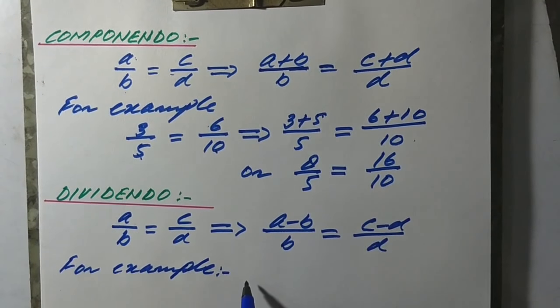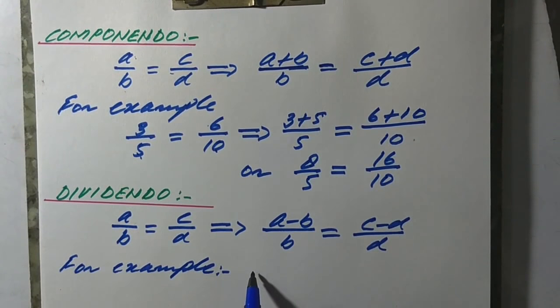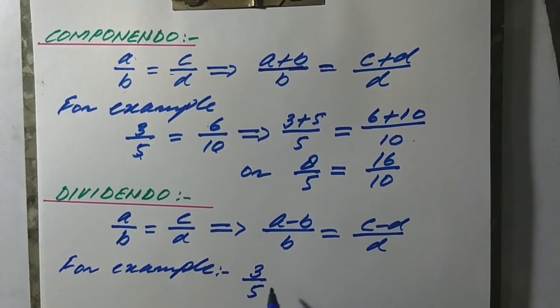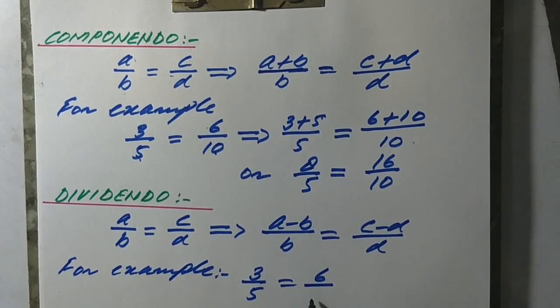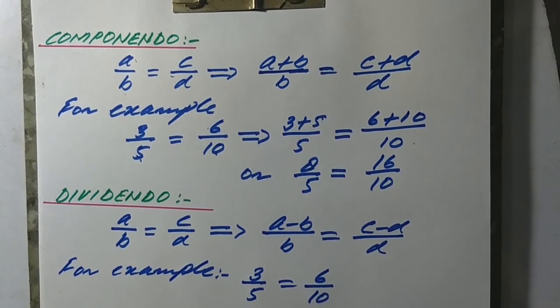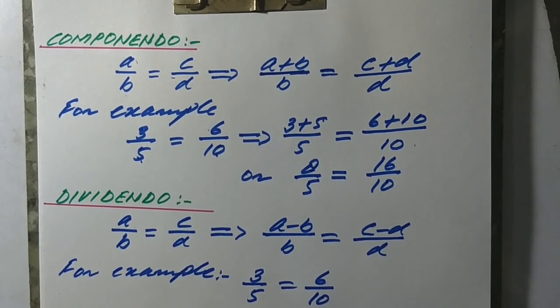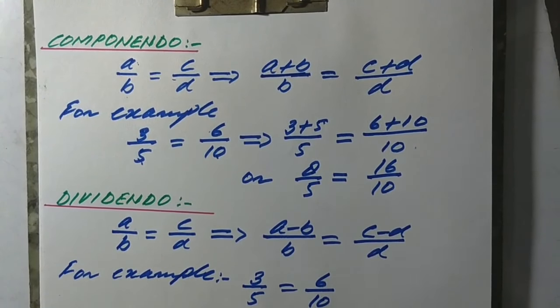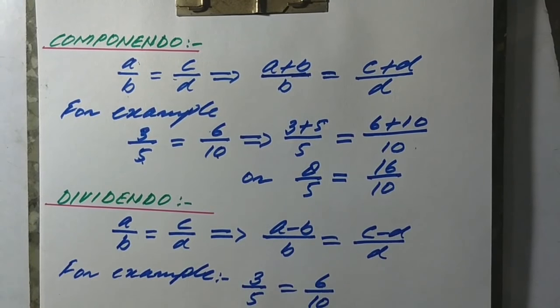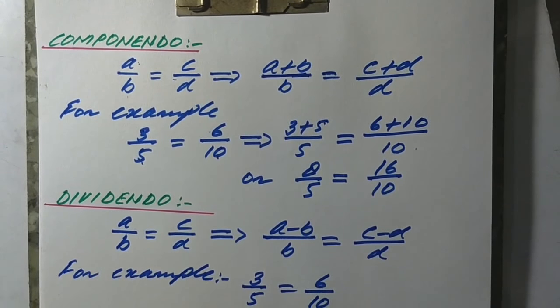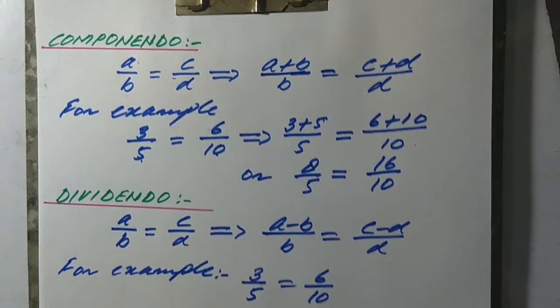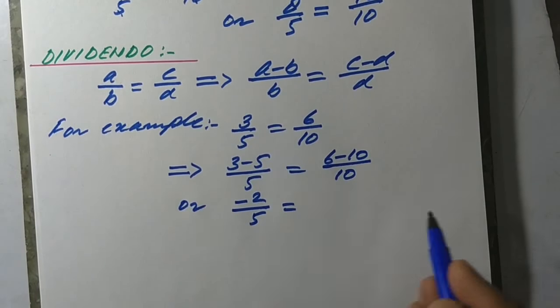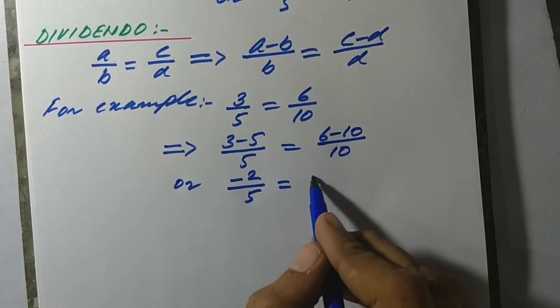Let's take the same numbers. 3 upon 5 is equal to 6 upon 10. So if we apply the dividendo, we may write as 3 minus 5 upon 5 is equal to 6 minus 10 upon 10. 6 minus 10 is equal to minus 4.